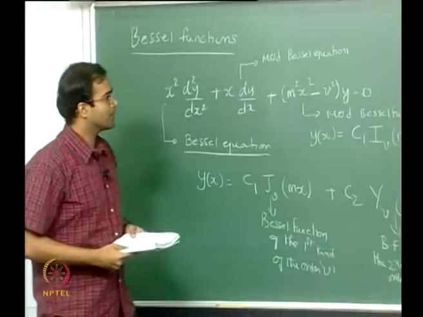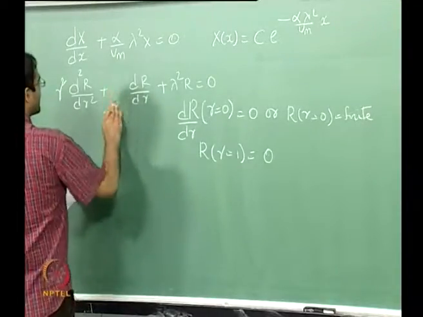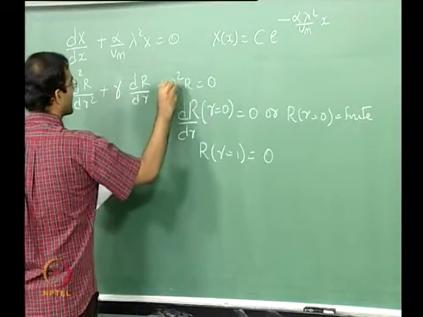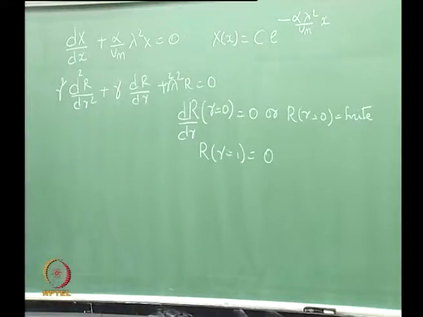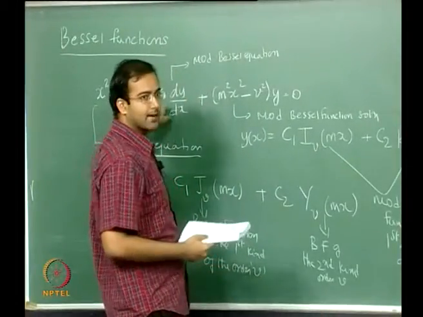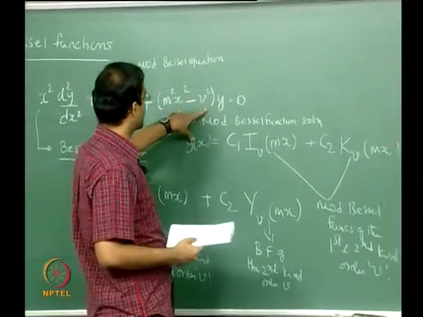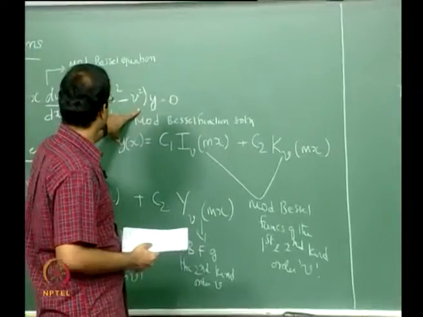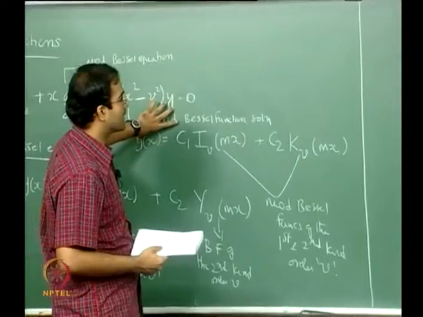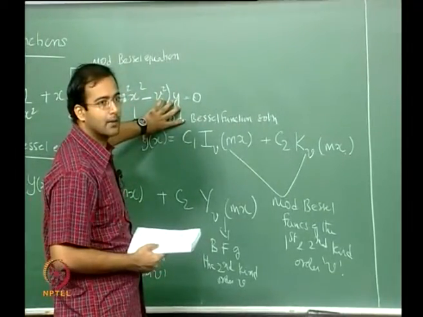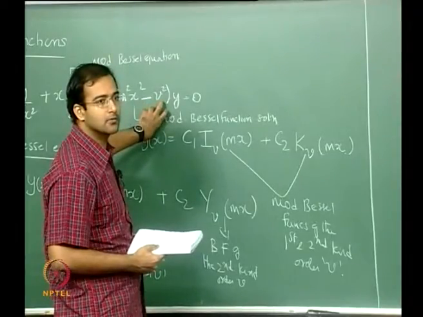So you multiply throughout by R square, so you have R here, and here you have again R square. Now you see these coefficients are exactly identical, instead of x you have R. As far as this coefficient is concerned, you have m square x square y, instead of that you have lambda square R square capital R, and there is nothing like a nu here, the nu is equal to 0.